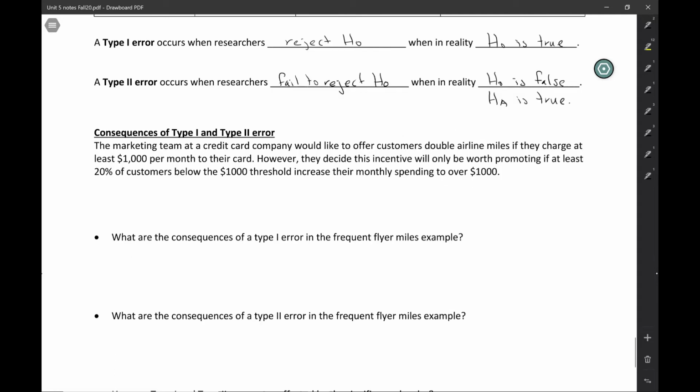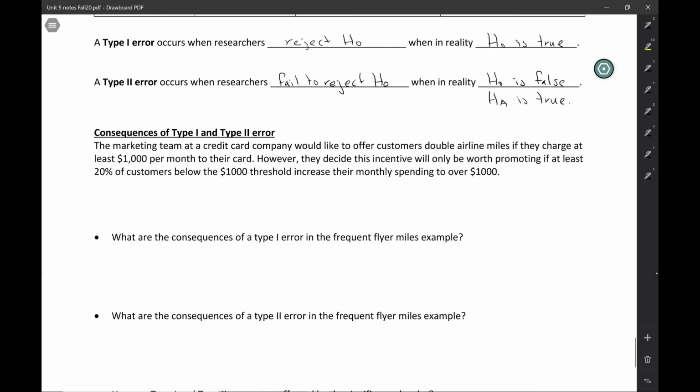So type 1 and type 2 errors both have their own consequences. Let's think about this example. A marketing team at a credit card company would like to offer customers double airline miles if they charge at least $1,000 per month to their card. However, they decide this incentive will only be worth promoting if at least 20% of customers below the $1,000 threshold increase their monthly spending to over $1,000.